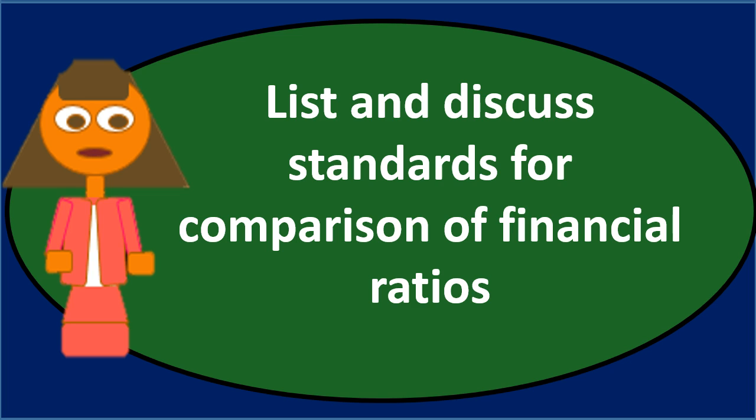So one comparison, one benchmark, one thing that we're going to compare against as we calculate the ratios for the current period are typically going to be prior periods, and we're going to look for trends within those prior periods. And then we're going to look for reasons why, decisions by the company or economic conditions that can account for those trends so that we can then make decisions going forward.